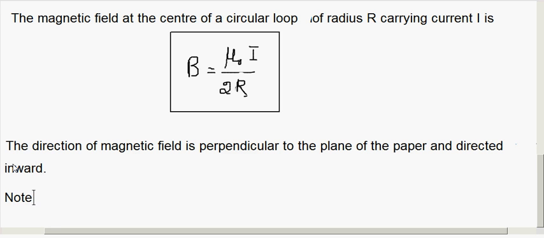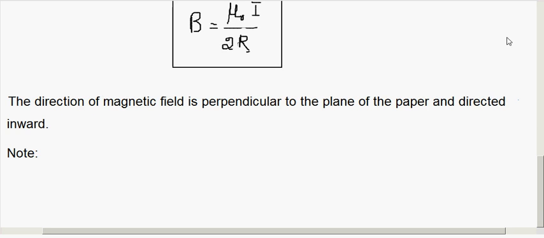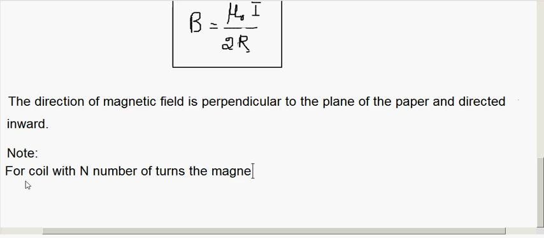Also take a note, if you have n turns in the coil, for a coil with n number of turns, the magnetic field at the center will become B equal to, you have to multiply the above equation by n.